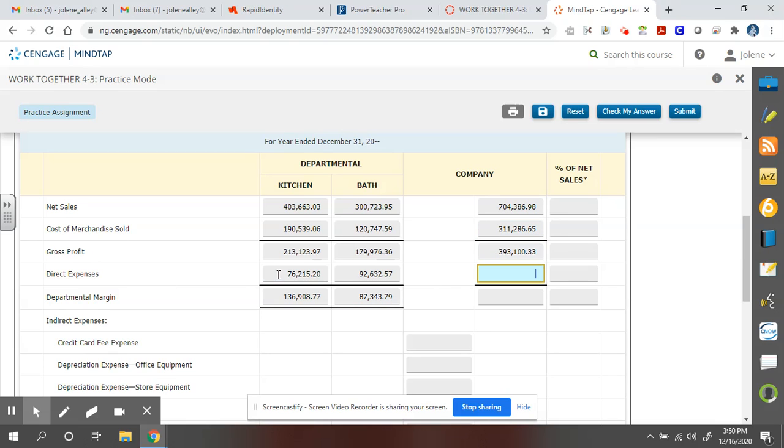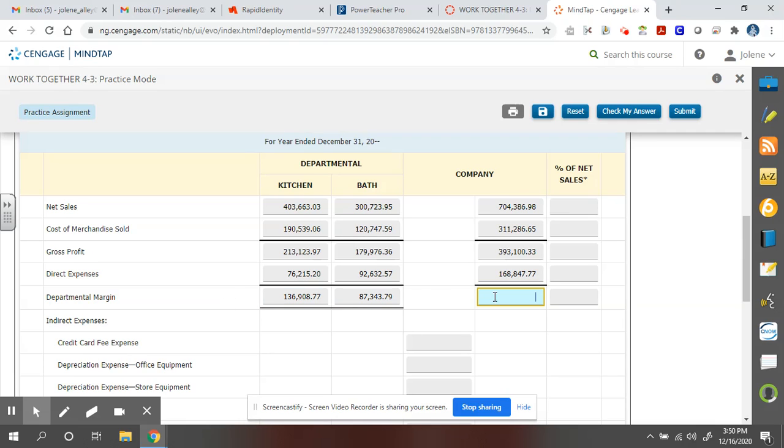Okay. Now direct expense, I got to add across. $168,847.77. All right.